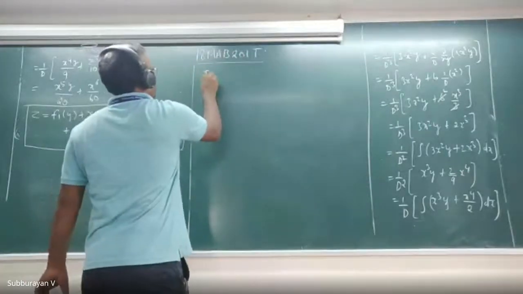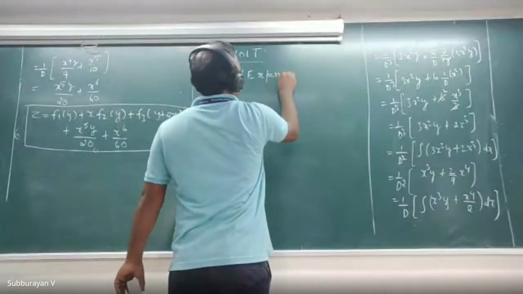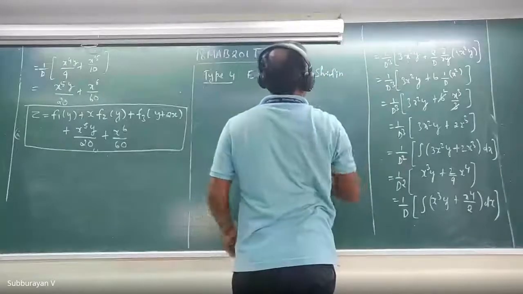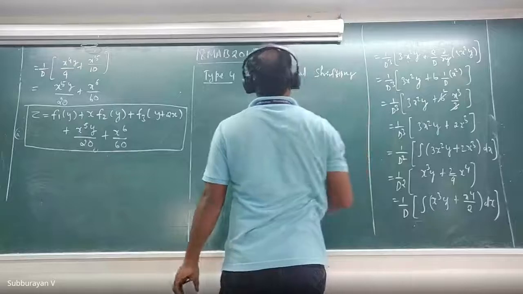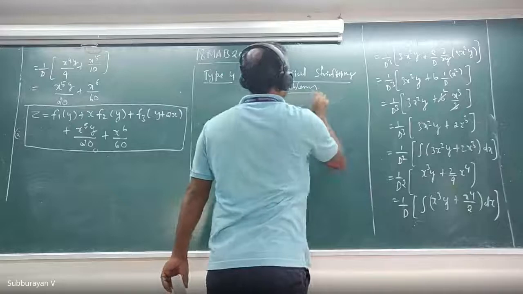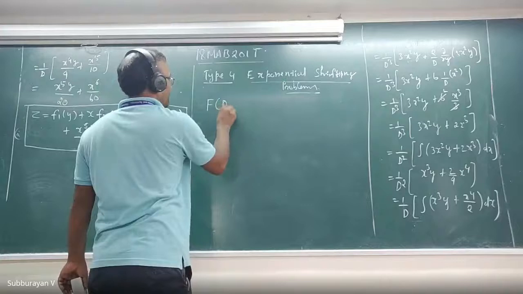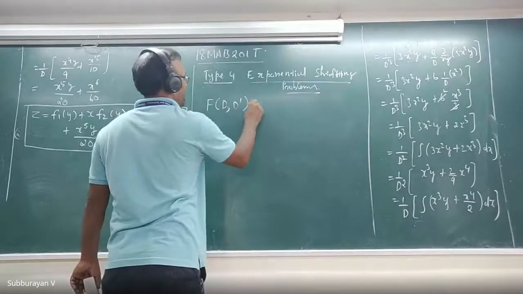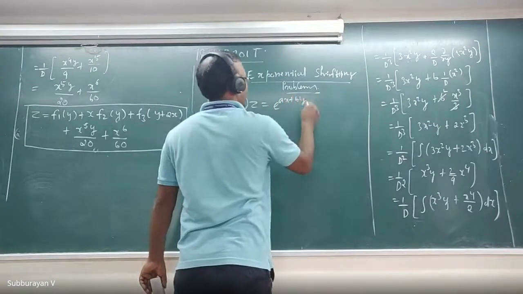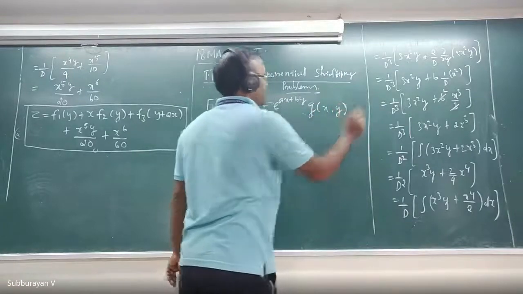Okay, now type 4, that is exponential shifting. Exponential shifting problems, okay? So that is my differential equation of the form f of D comma D prime into z, which is equal to e power ax plus by into some function, say g of x comma y.